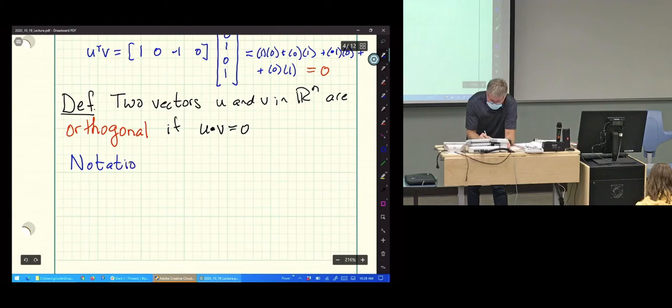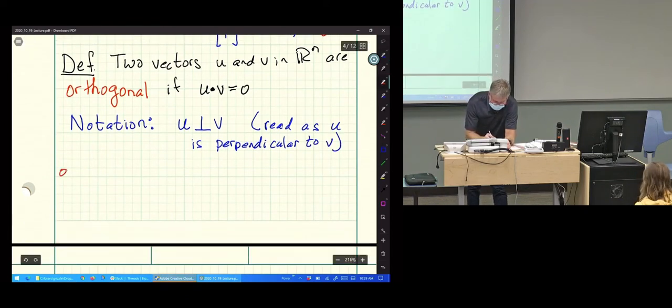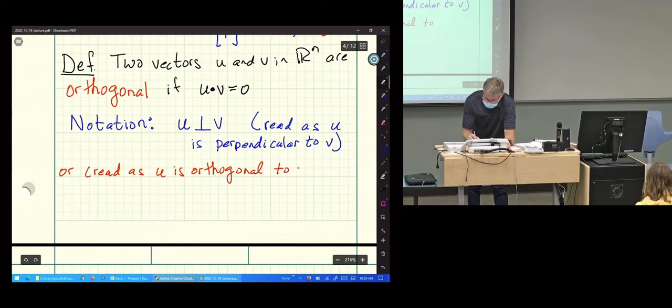Notation. One says that u is perpendicular to v, or read as u is orthogonal to v.